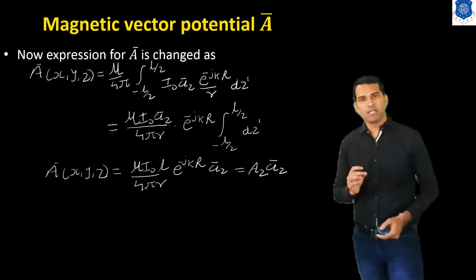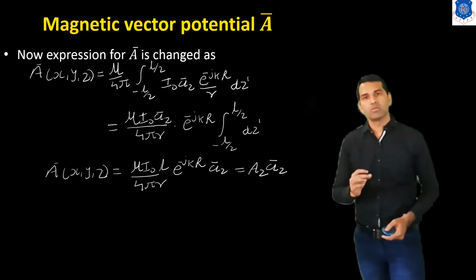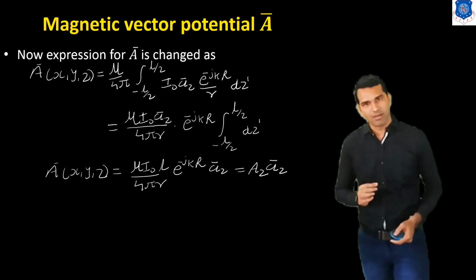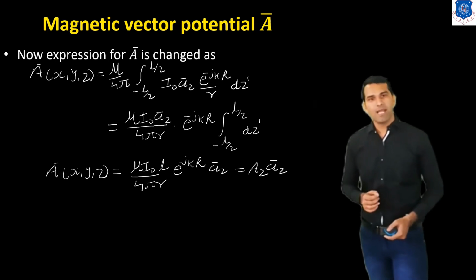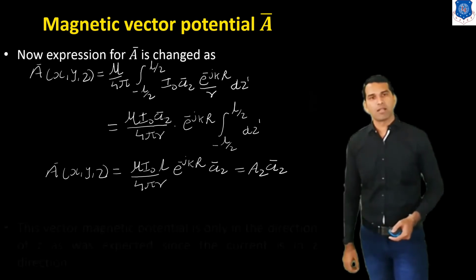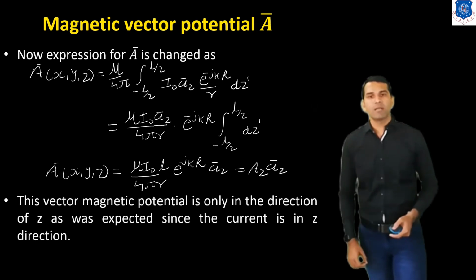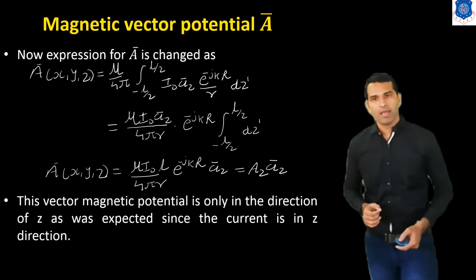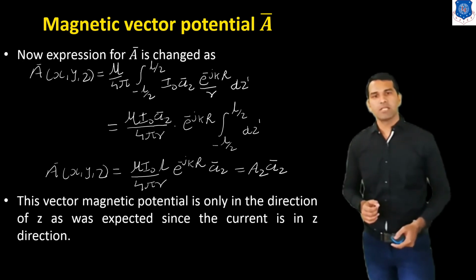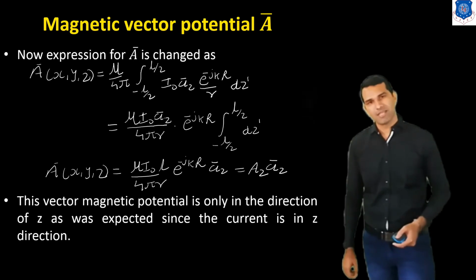When we solve this integration from minus L by 2 to L by 2, the answer is L. So we can write this as az into A z bar. This vector magnetic potential is only in the direction of z, as was expected since the current is in the z direction.